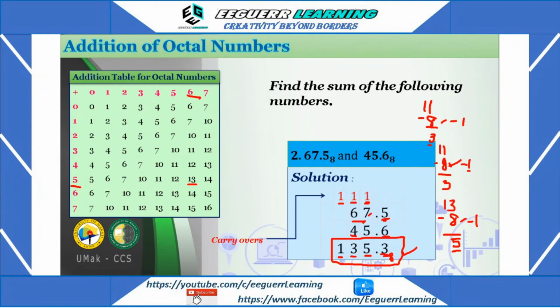Then add 7 plus 5, looking at the table, 7 and 5 will give us 14. 14 plus the carry 1 is 15, so bring down 5 and carry 1 here.